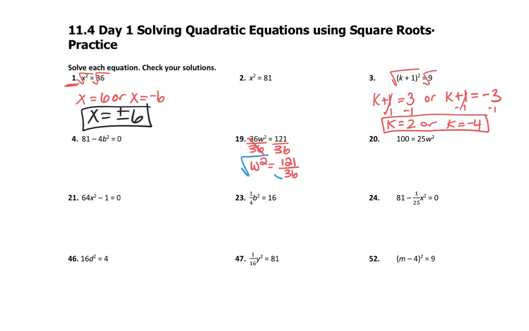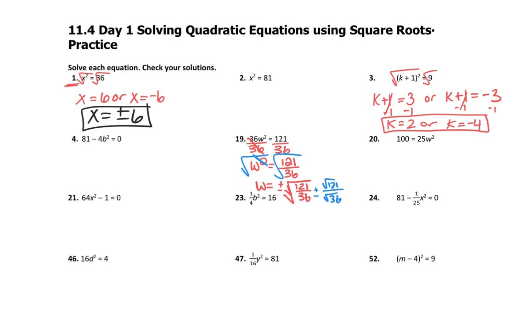If I took the square root of that, then I'm going to end up with w equals the square root of 121 over the square root of 36. And I'm just going to go like this, plus or minus the square root of 121 over 36. This has to go all the way down. All right, and then another way to see this is the square root of 121 over the square root of 36, plus or minus.